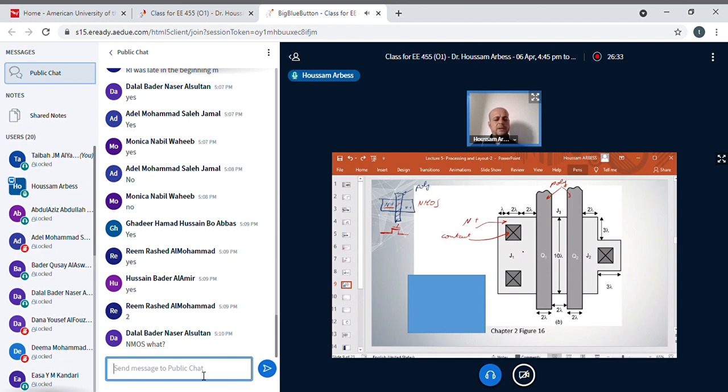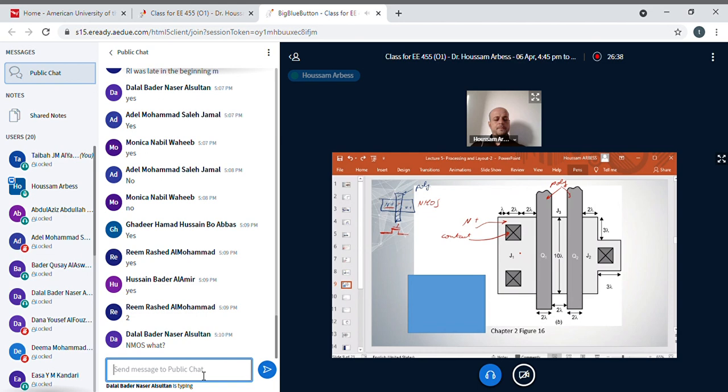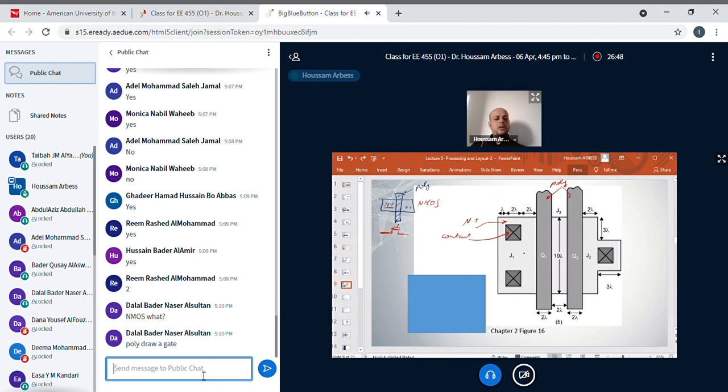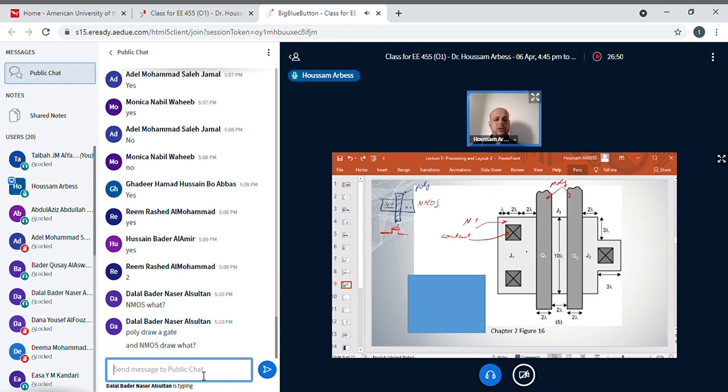I didn't get your question, Dalal. Yes, it means a gate. So once I have a poly between two N plus regions, this poly is the gate of the MOSFET.